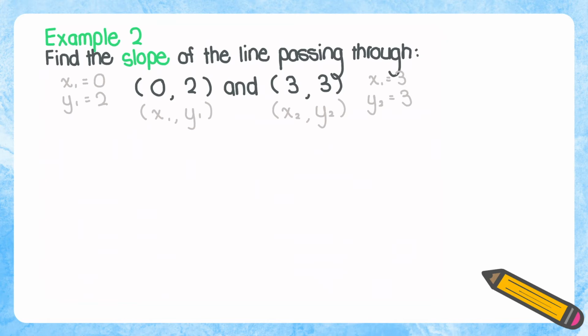So let's start plugging this into our formula. Our formula is m equals y sub 2 minus y sub 1 over x sub 2 minus x sub 1.